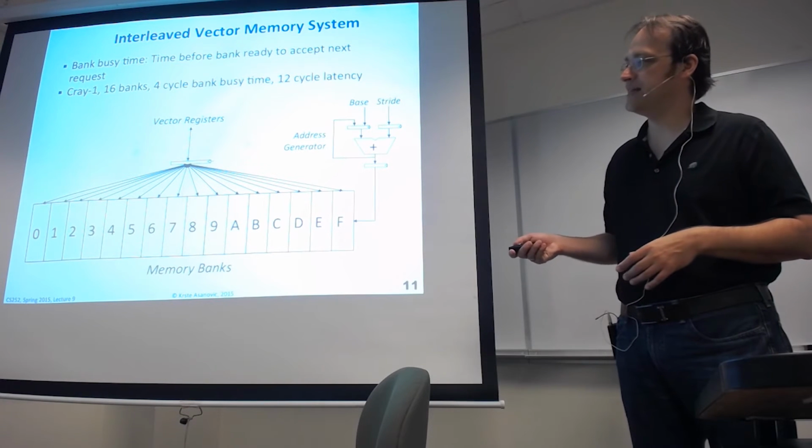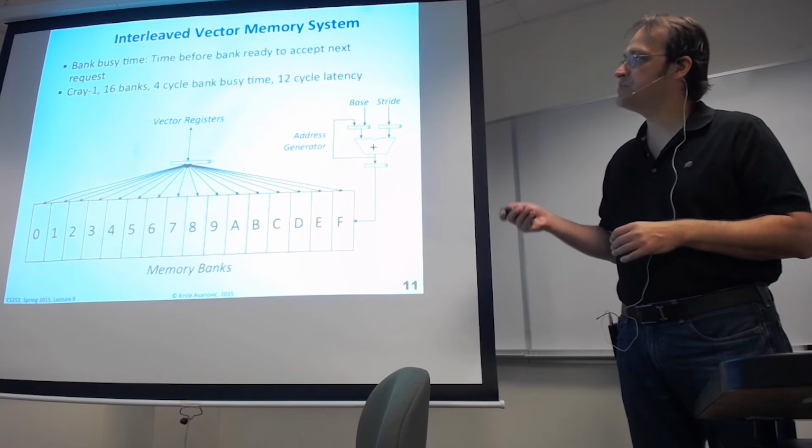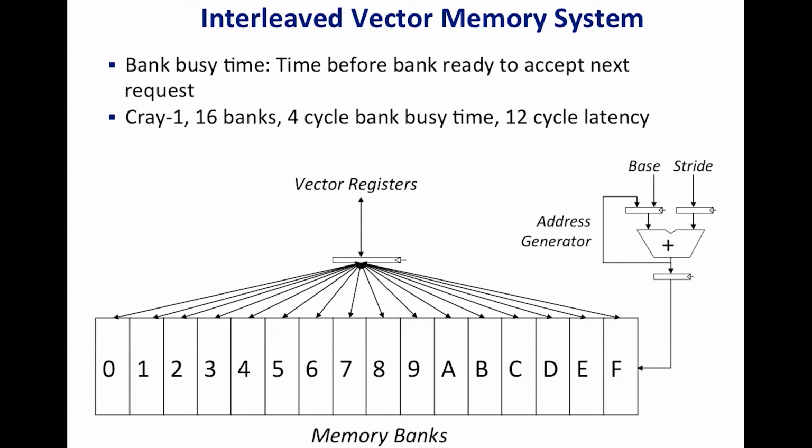The Cray 1 had 16 banks of SRAM, static RAM, where each bank had a 4-cycle bank busy time. So that was the occupancy. When you made a request to a bank, it spent 4 cycles in that bank, and the bank couldn't be used for another memory access until 4 cycles later. Overall, there was a 12-cycle latency from when you initiated a load to when the result came back to the register, including getting through the interconnect and back again from the memory system.